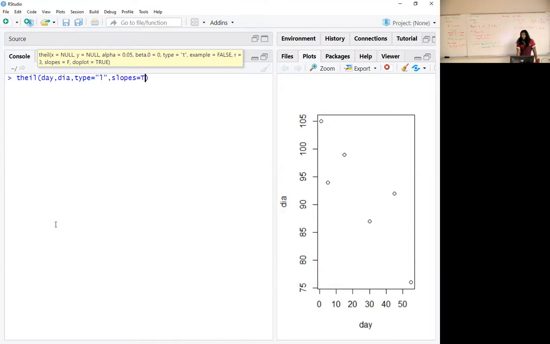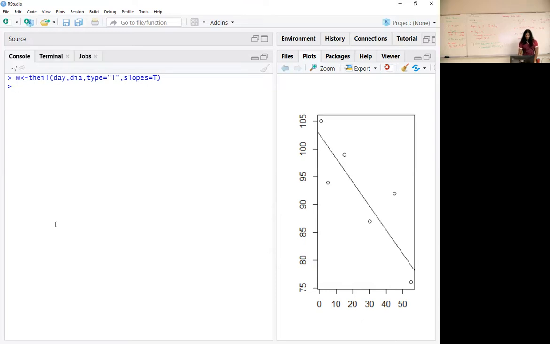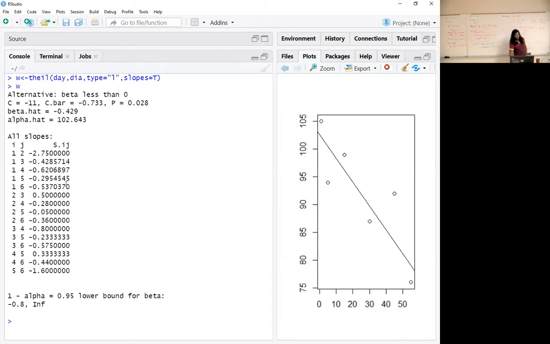On an exam, I'm not going to ask you to compute the slopes because you have to compute 15 different slopes. But if I decide, I'll give you the slopes. Once we have the slopes, that is our line. Those are the slopes for the 15 pairs.